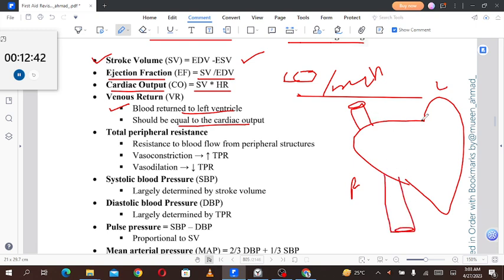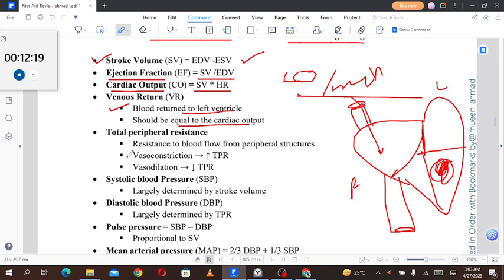These are the right atrium, left atrium, right ventricle and left ventricle. Normally the venous return comes to the right atrium, but ultimately from the right atrium it goes to the right ventricle and then to the lungs, and from the left atrium to the left ventricle. So ultimately whatever blood is coming back comes to the left ventricle.